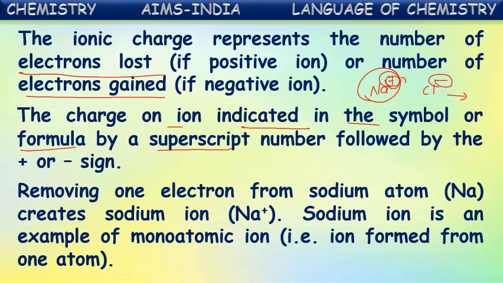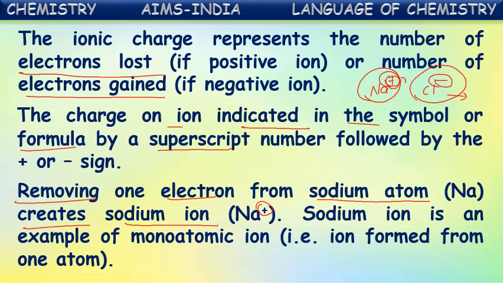That's how we represent an ion, either positive ion or negative ion, or cation or anion. Removing one electron from a sodium atom creates a sodium ion. We are removing one electron, that's why it got one positive charge.